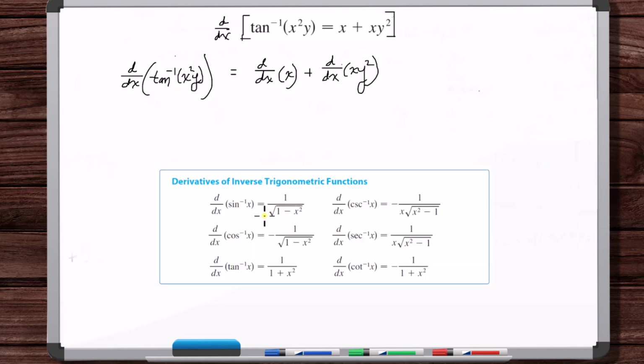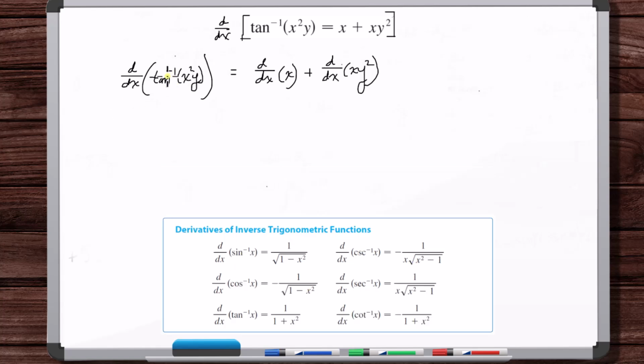Here are the formulas for derivatives of inverse trig functions. So here's arctangent. So we've got arctangent of something. X squared y is just a function of x. The derivative with respect to x of arctangent of something is 1 over 1 plus that something squared.